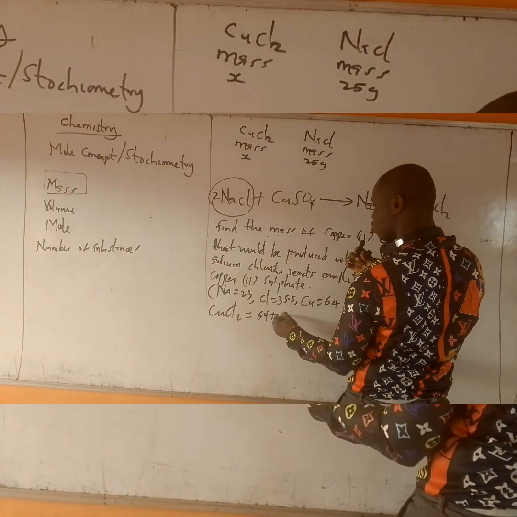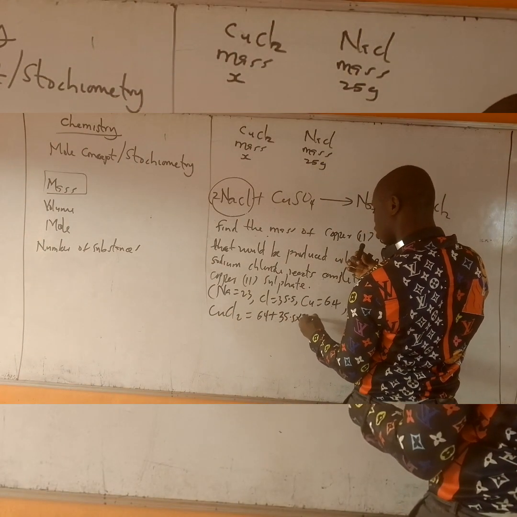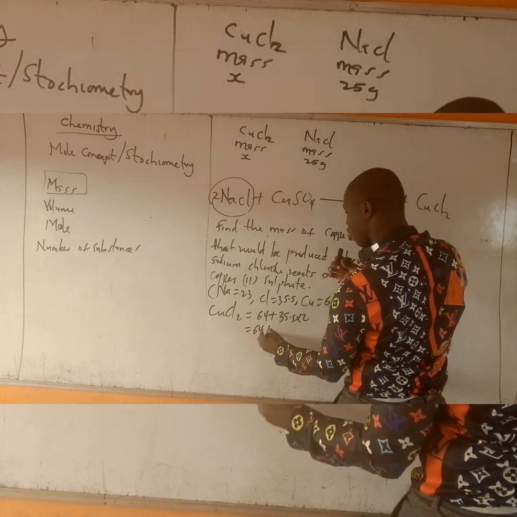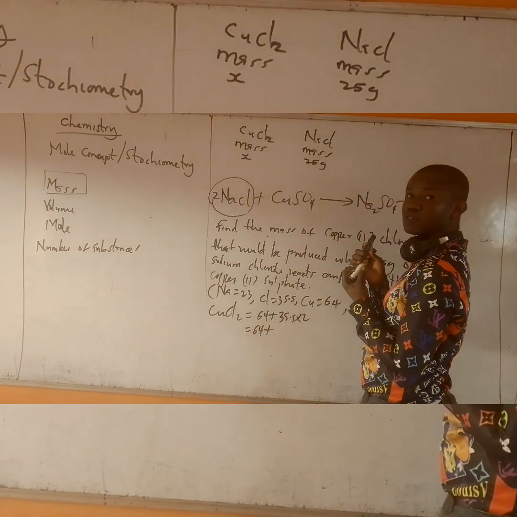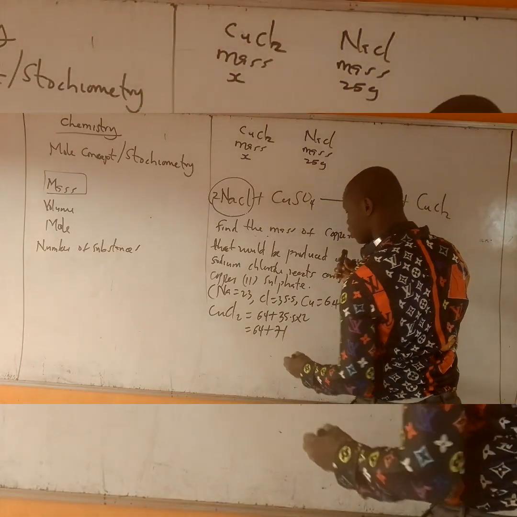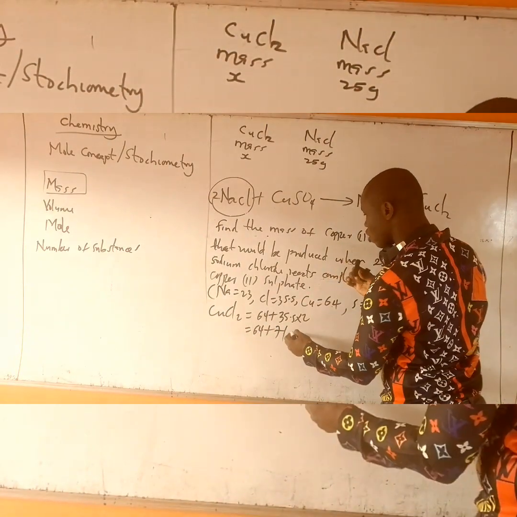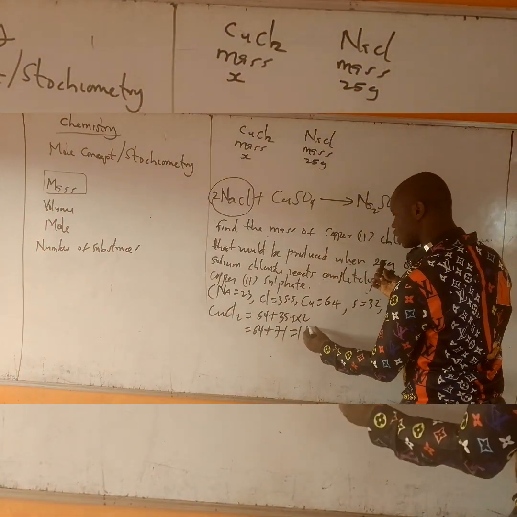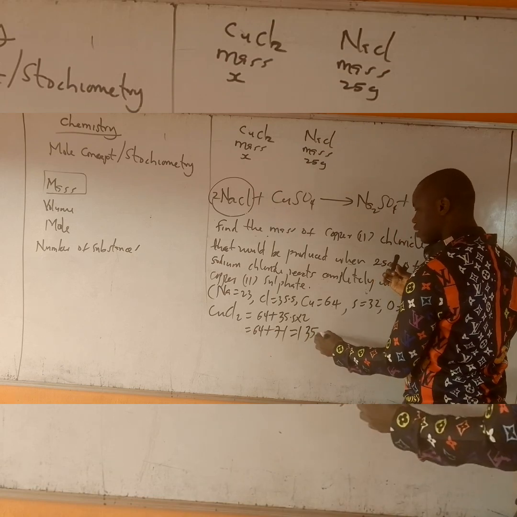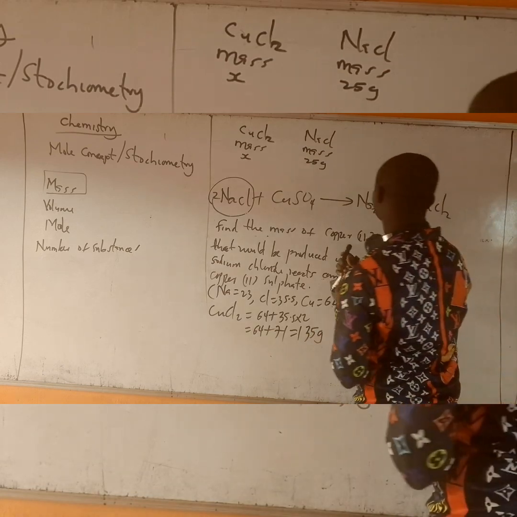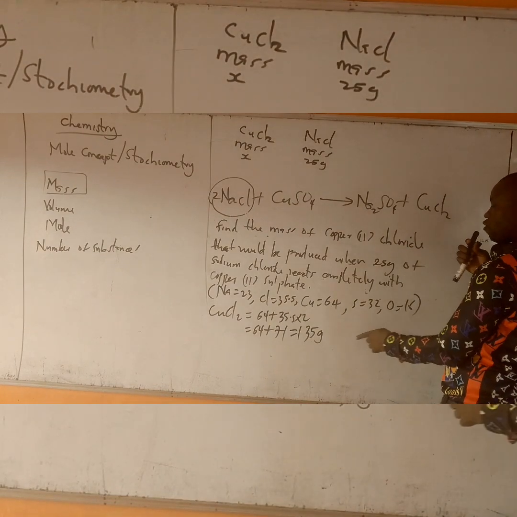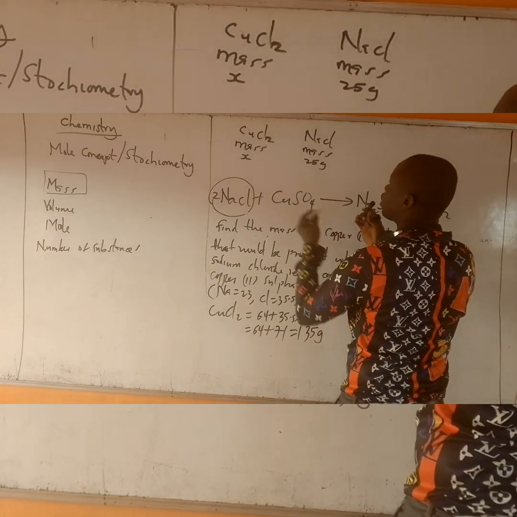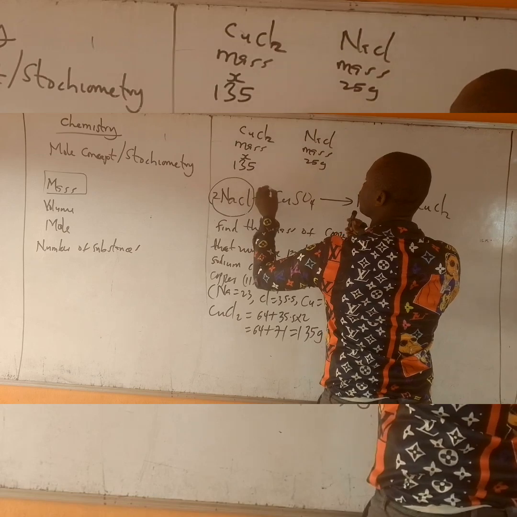Plus Cl2, that is 35.5 times 2, which gives us 71. If you add everything together, it gives us 135 gram. So according to the equation, we have 135 gram of CuCl2 here.